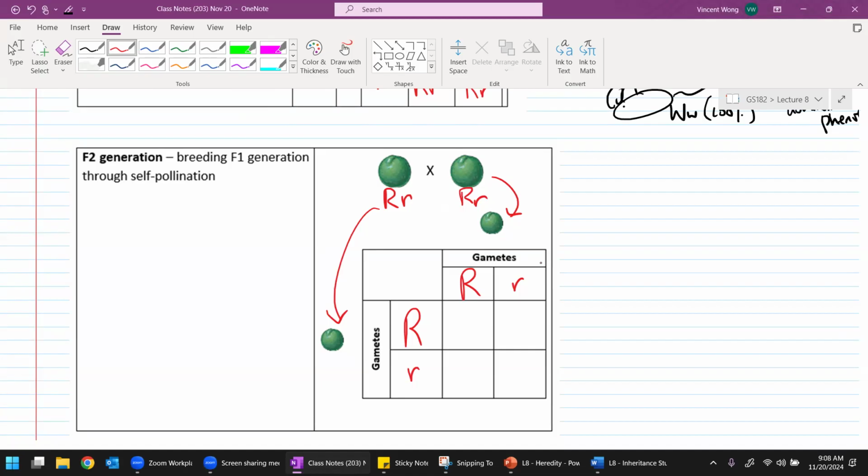And when you finish the table, please write down the genotype and phenotype as well.